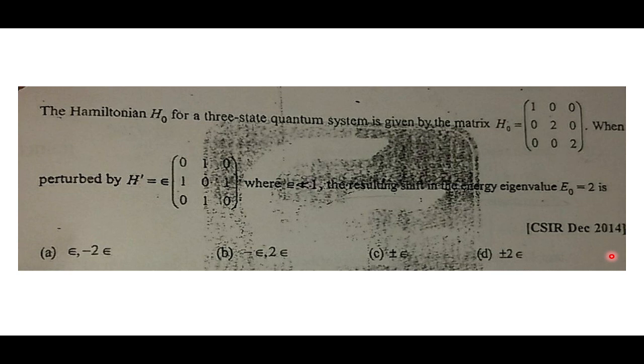So the 3 states will have some shift from the unperturbed value, right? But here you have degeneracy of 2 states, because 2 states have the same eigenvalue 2 in the unperturbed condition. So that question is asked here. For the energy states having the eigenvalue E naught equals 2, after perturbing, what will be the shift? That is, the new energy eigenvalue minus your old energy eigenvalue. That is the shift. You understood, right?